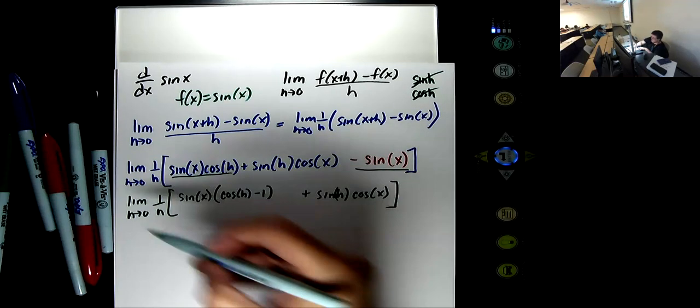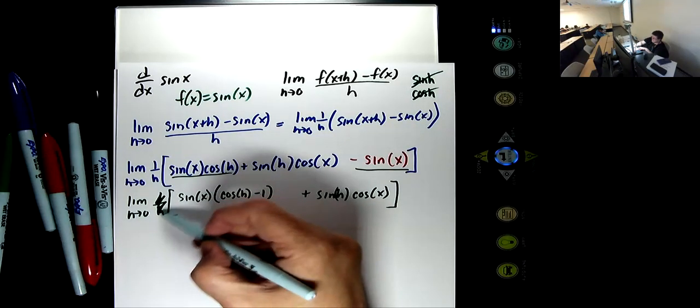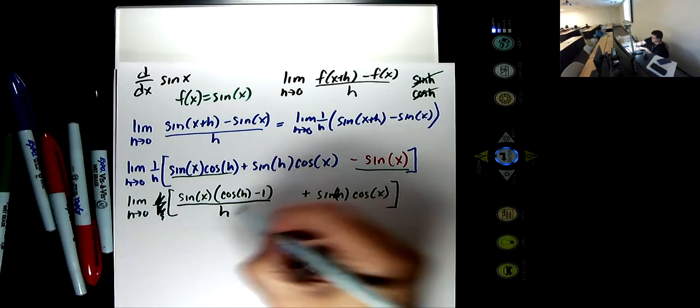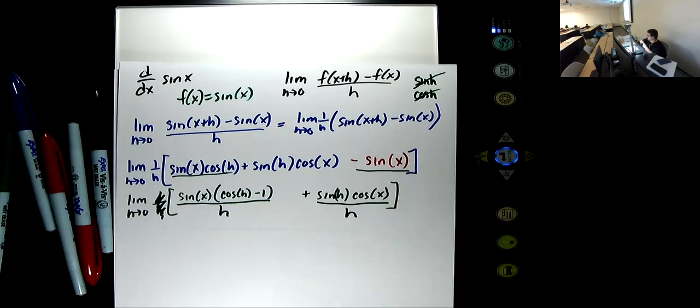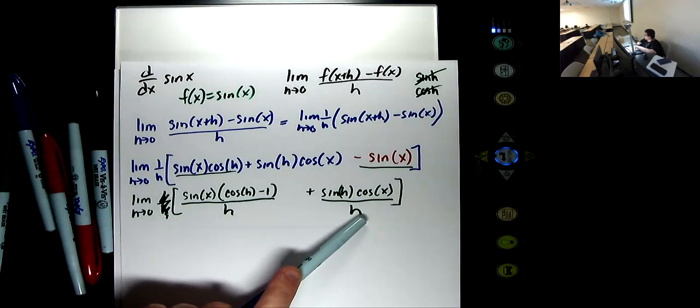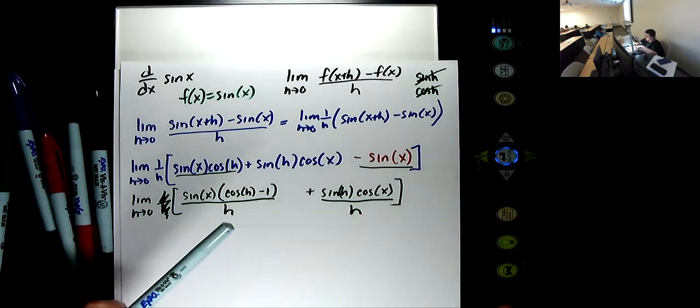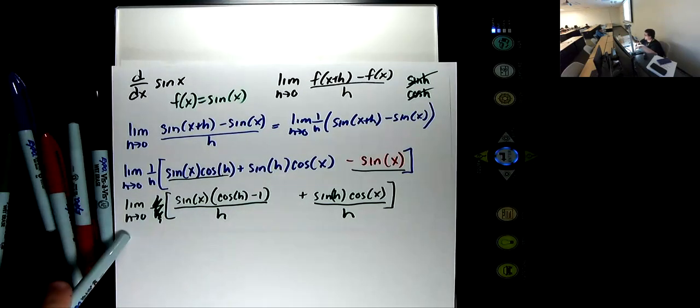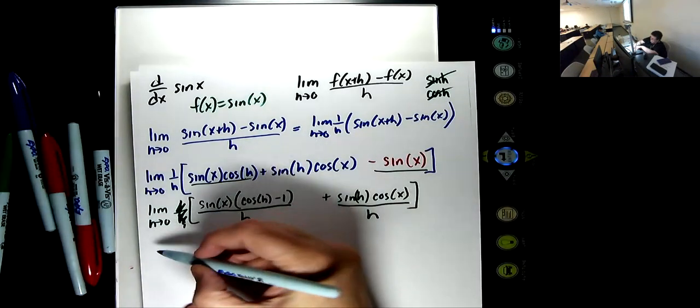At this point, I'm actually going to move the 1 over h back inside. I could break this up now. Some of these have x's in them, which are not functions of h. Sine x is like a constant related to this limit as h goes to 0. I can actually take it out.